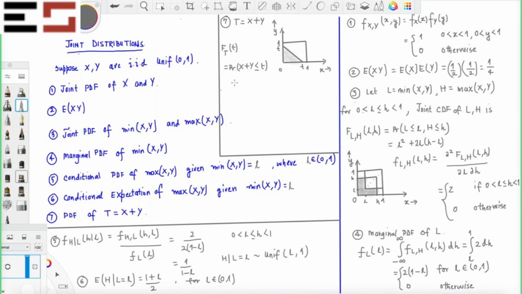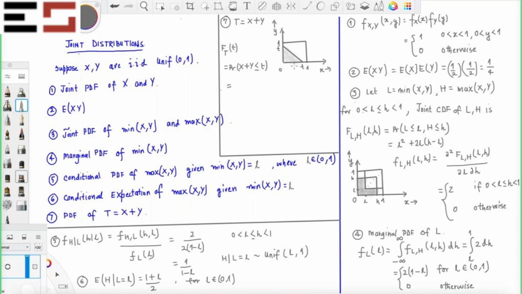Yes or no? Is that okay? So basically, what am I going to get? Because the joint density is 1, it is nothing but the area of this triangle. Integrating 1 over this triangle will give you the area of this triangle, right?